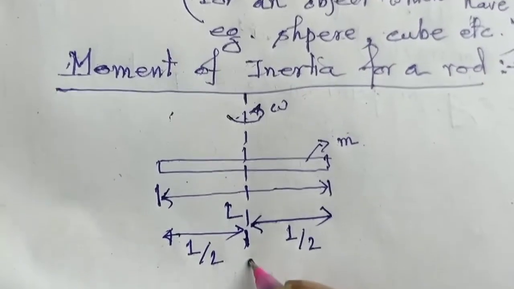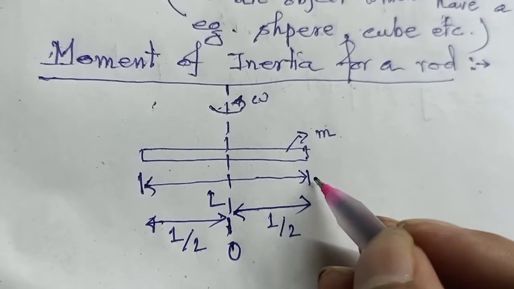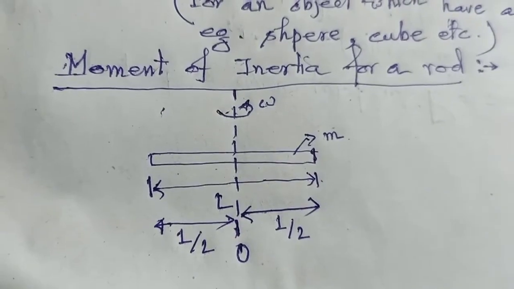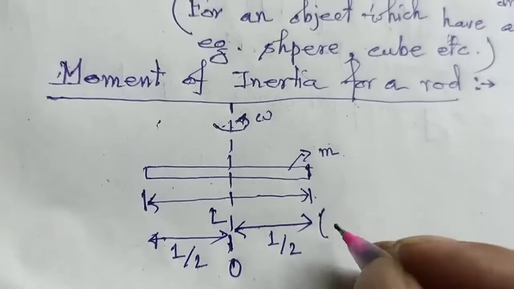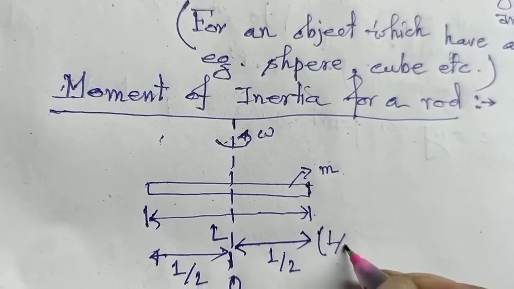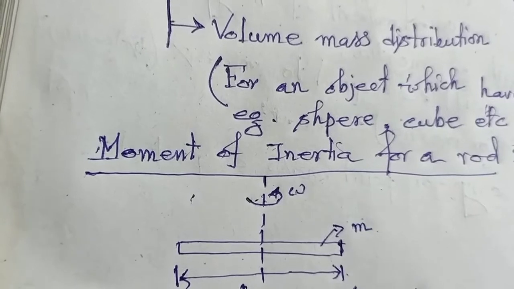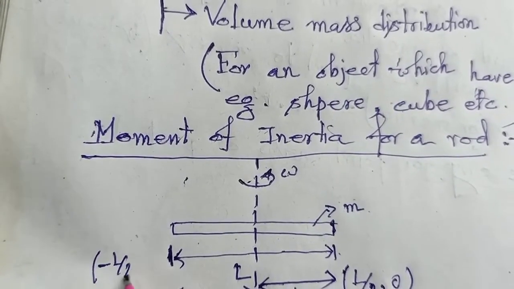If we set this position as origin, then the right hand end position of the rod has coordinate L by 2, 0, and its left hand position will be minus L by 2, 0.